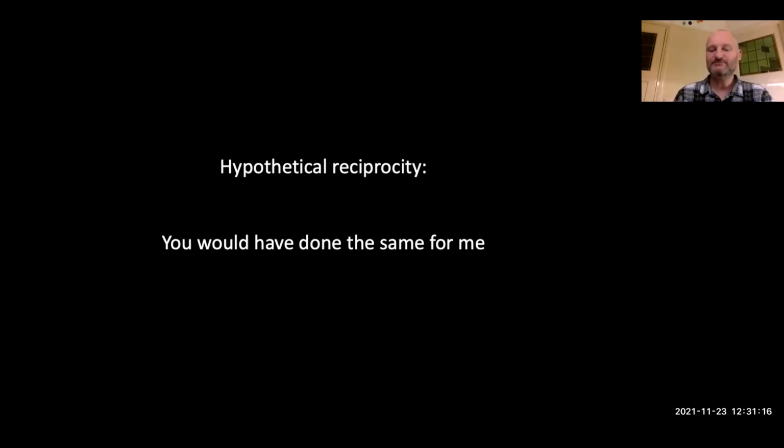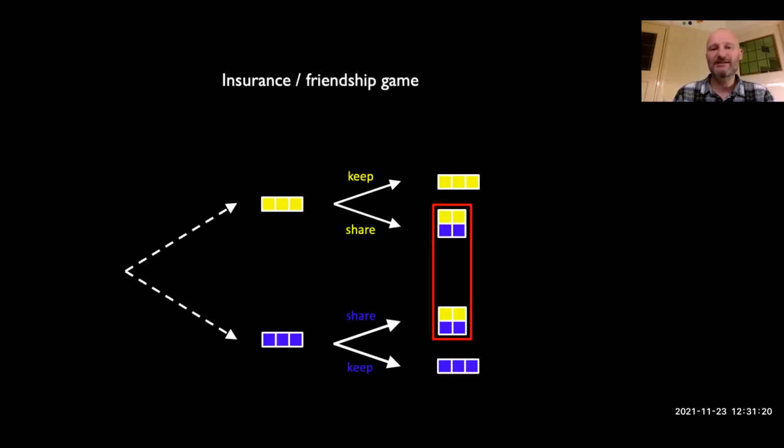But stuff that people sometimes say here is, I'm doing it because you would have done the same for me. So there's a bunch of things about human morality and human behavior, like friendships, that suggest that we are becoming more attractive as friends or as partners by committing to sharing, and that we seek each other out.